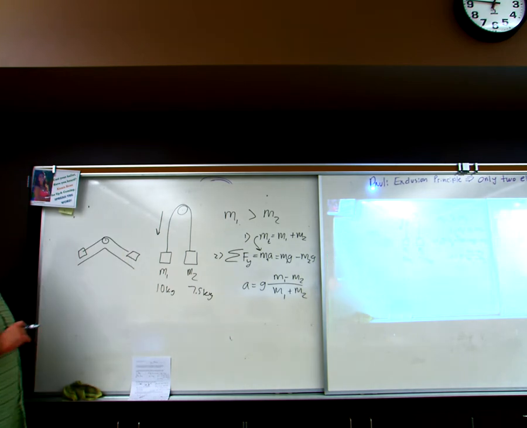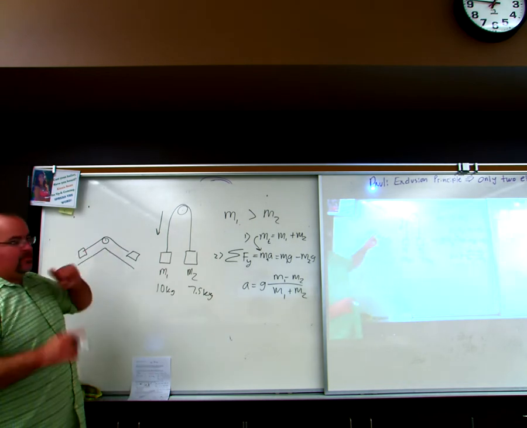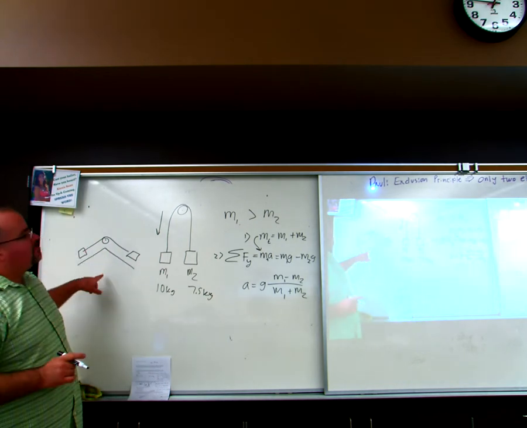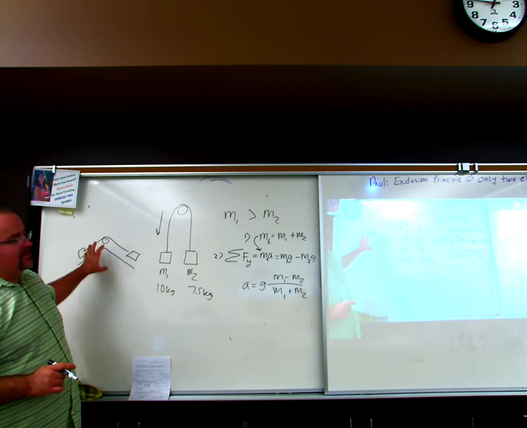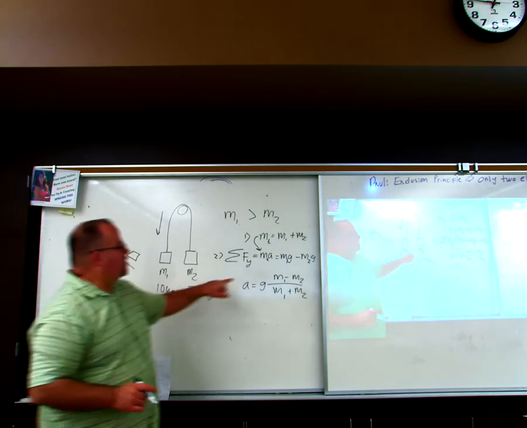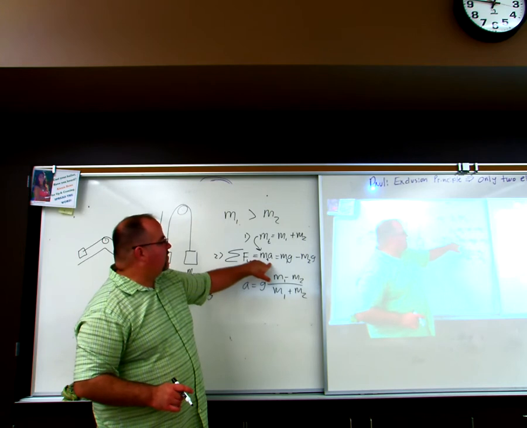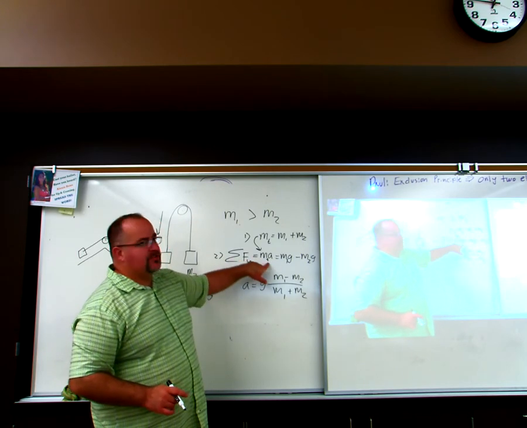We went over one like that, with one on the table and a pulley, right? That one made more sense to me. That was straightforward because you weren't looking at whether it was accelerating or not. With this one, it had acceleration, so you had some leftovers, and the sum of the forces didn't equal 0.